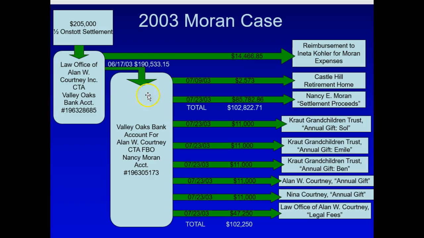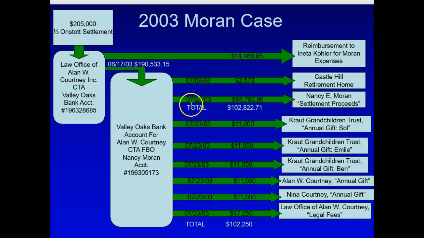It's still her money. He also pays some of her expenses, which she authorized him to do, which is not a problem. He paid money to Anita Kohler for her expenses. And then all of a sudden, after he put the money in trust in this Valley Oaks Bank, he started to pull it out and give it away. First, he paid a Castle Hill retirement home bill, which was legitimate.